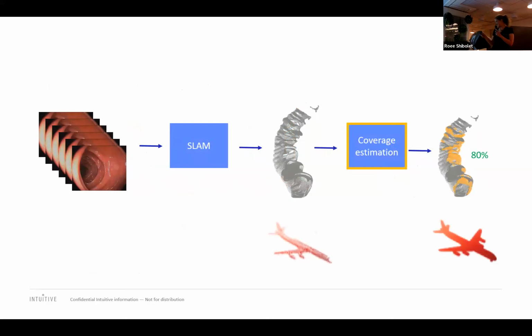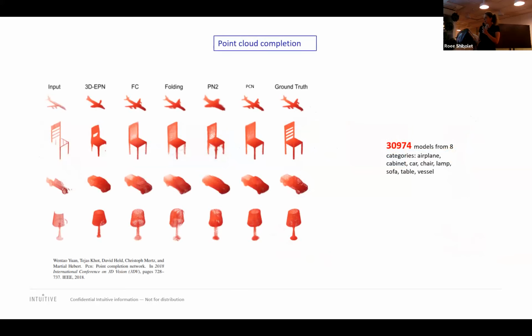We have a point cloud of the reconstructed colon, and we try to guess what the missing surface looks like. The name of this problem is 3D point cloud compression, and it's an area of active research.